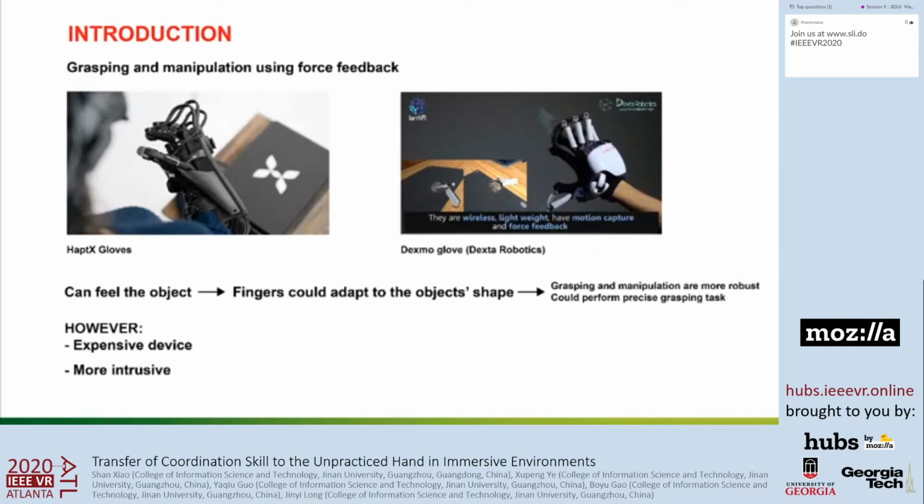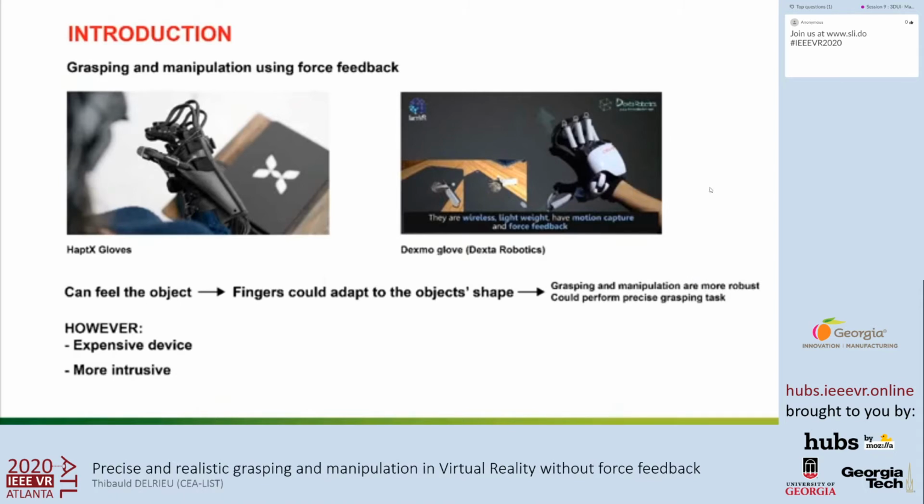So now the users can feel the object, and so they can adapt to the object shape in order to perform grasping and manipulation tasks which are more robust to disturbances applied to the object, and could perform really precise grasping tasks like manipulating tiny objects or performing complex manipulation.